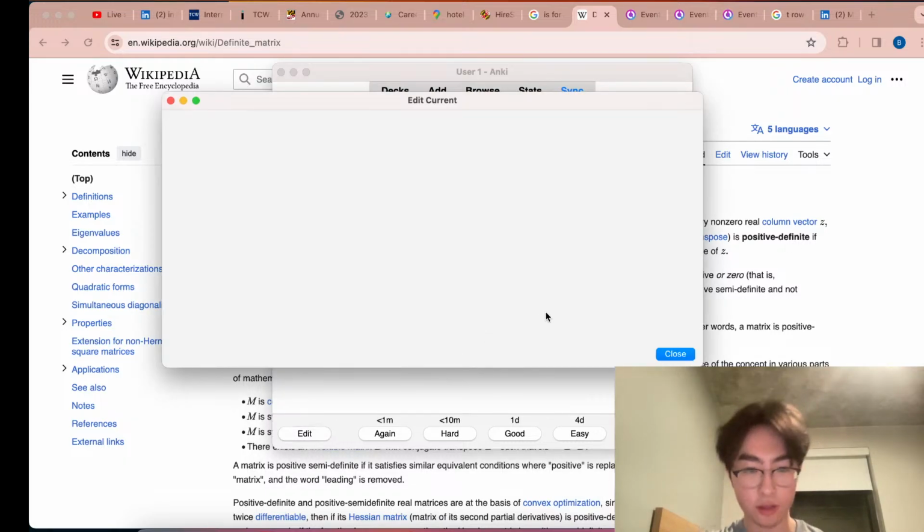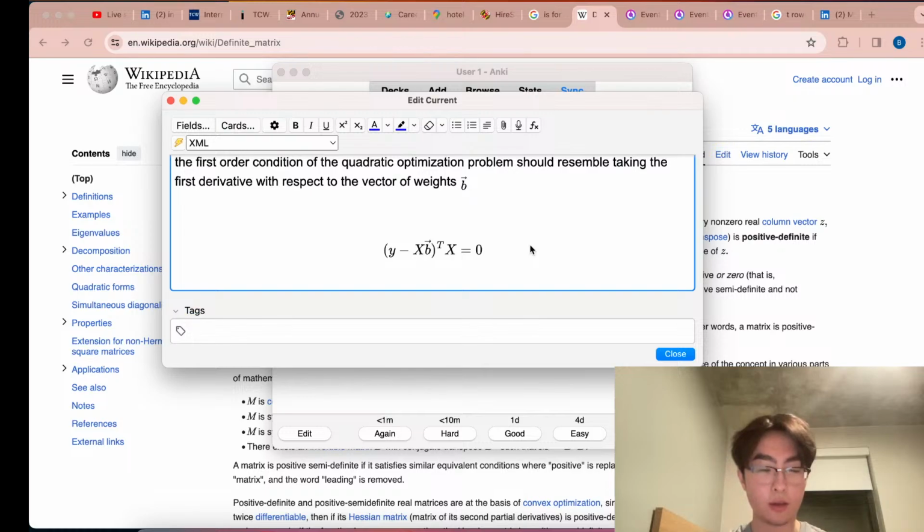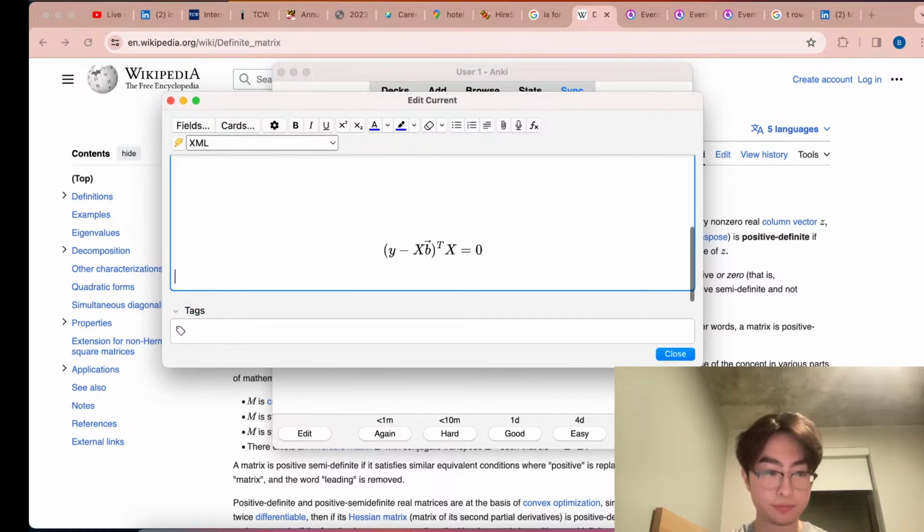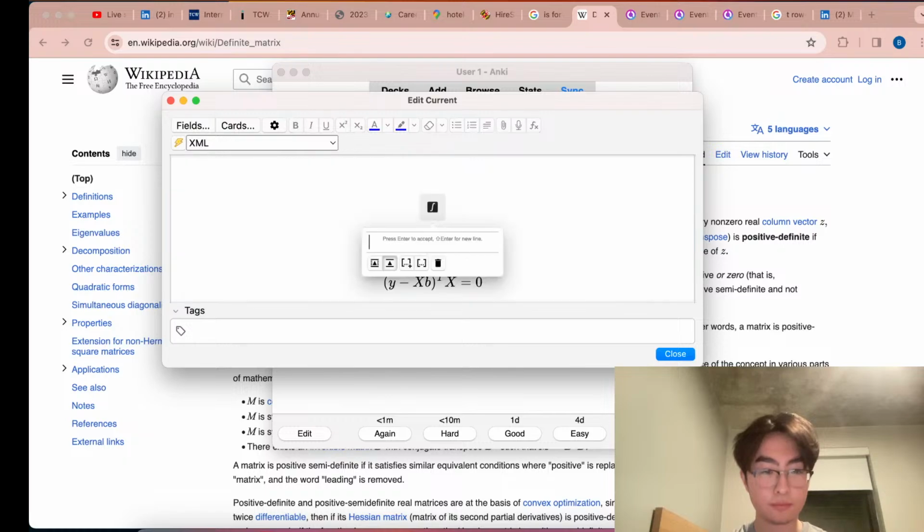Okay, let's do some math here. I think the first order condition is going to be, not even the first order condition, just our optimization. It's going to look something like this.